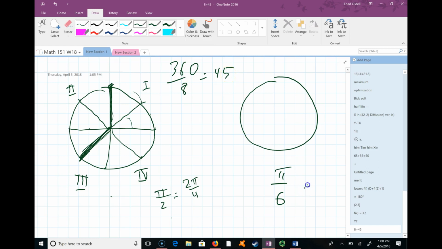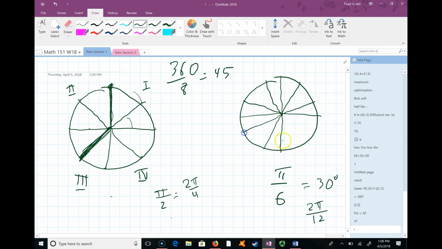Also, pi over 6, which happens to be the same thing as 30 degrees, and again, that's something you hopefully figured out at this point. That's really taking the 2 pi and dividing by 12, because there are 12 30-degree angles that add up to 360, right? So I'm going to have 1 there, and 1 there, and so on, twelve of them.